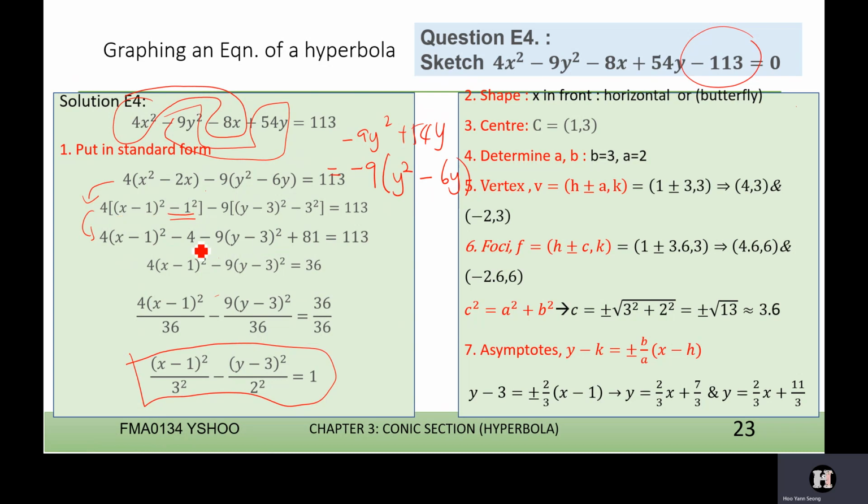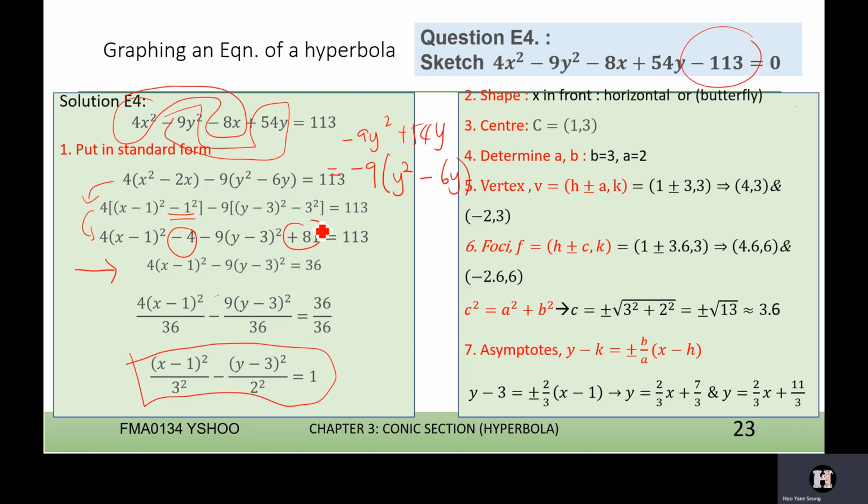What you do is move the one without y to the other side, so we have a 36. Now everything is clear. The x and y are on my left hand side, the one without anything is on my right hand side.